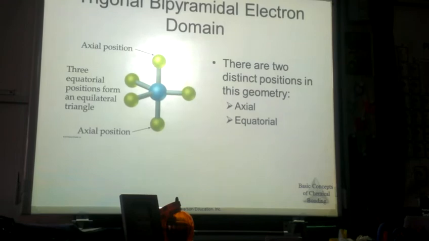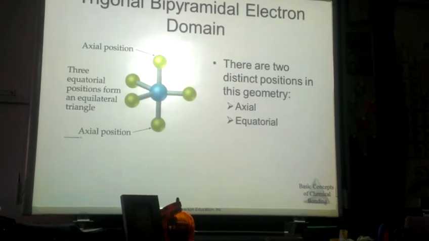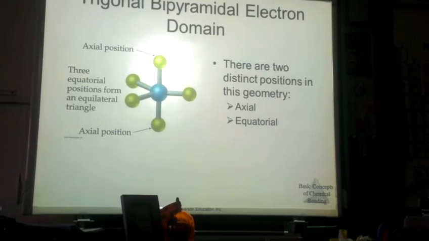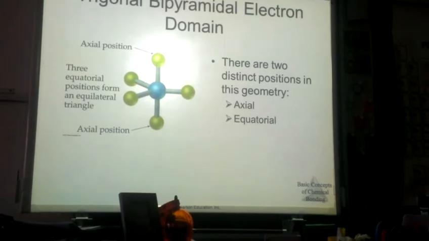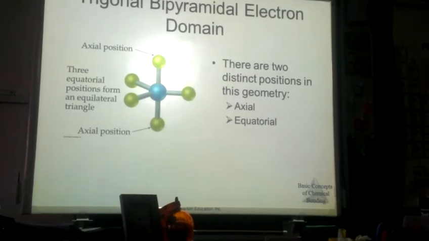Molecular geometries that have a trigonal bipyramidal electron domain are typically going to be something that has an expanded valence shell or an expanded octet. We'll see these as we hit more of phosphorus, sulfur, chlorine, bromine or iodine, any of those.